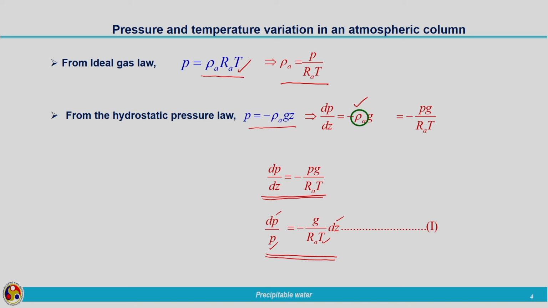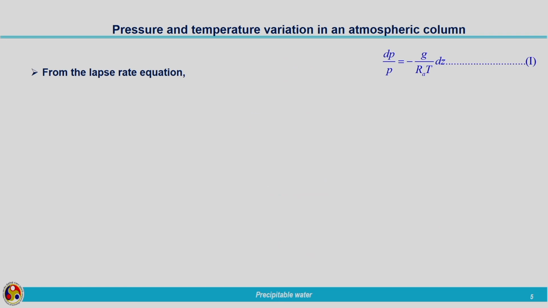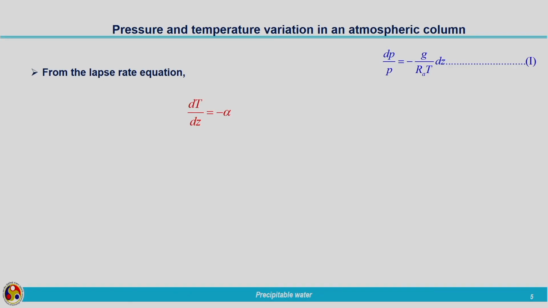Let this be equation number 1. From the lapse rate equation, which we have already seen, we will find a relationship between Z and temperature. So, dT by dz equal to minus alpha, this is the lapse rate equation. What we want is dz, so dz is equal to minus dT by alpha.